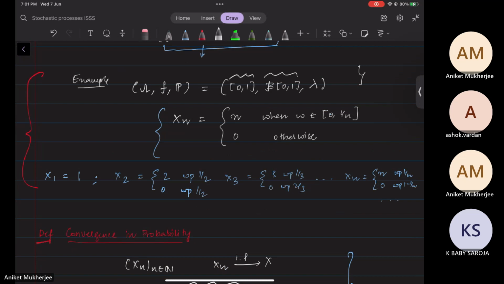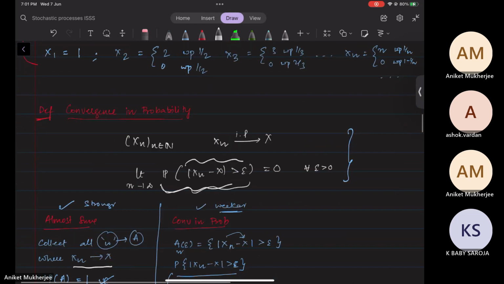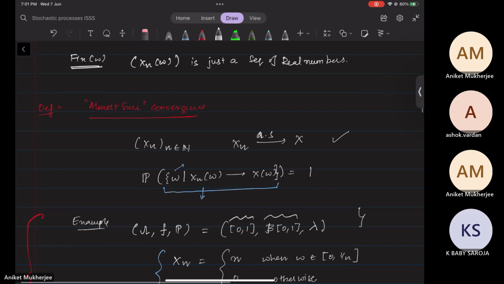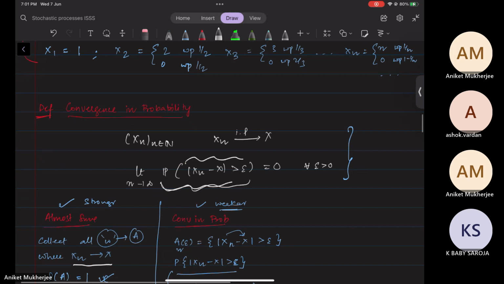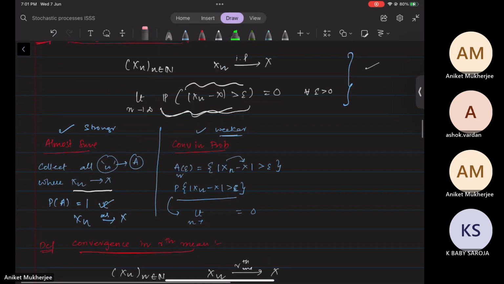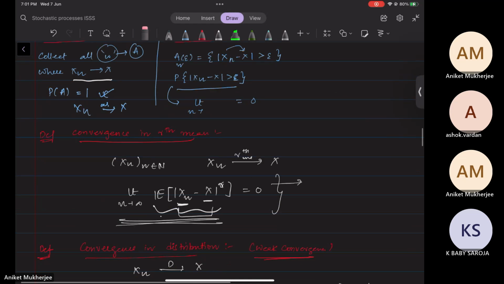Then they felt that pointwise convergence is too strong, and we'll not be able to derive many new things like with some other convergences. So they loosened it up with almost sure convergence. Then they felt almost sure convergence is also very strong, so let's loosen it up with convergence in probability. And then since now we're working with probabilities, you can also work with expectations, since expectations are also real numbers.